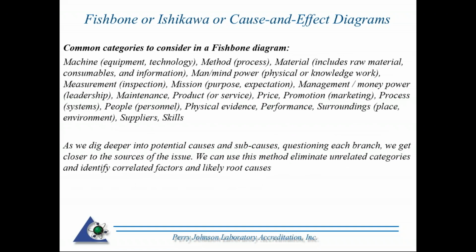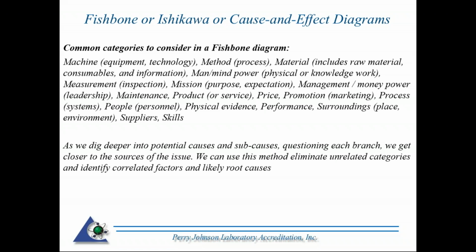So here I list common categories that could be considered in a fishbone diagram. These may be applicable to your situation, may not. Machines, methods, materials, man, mind, power, measurement, mission, management, maintenance, products, price, promotion, people, physical evidence, performance, surroundings, suppliers, skills.